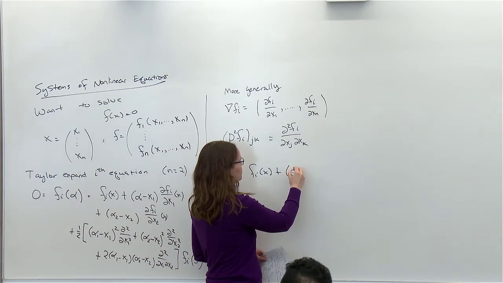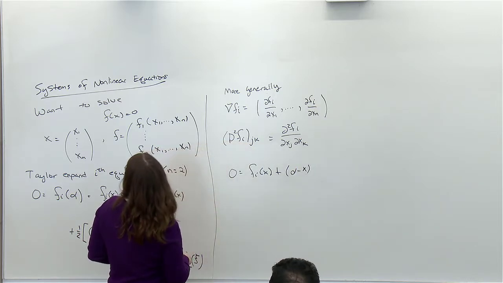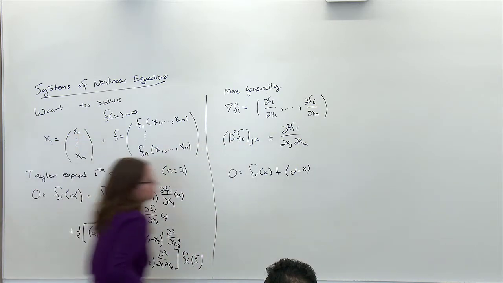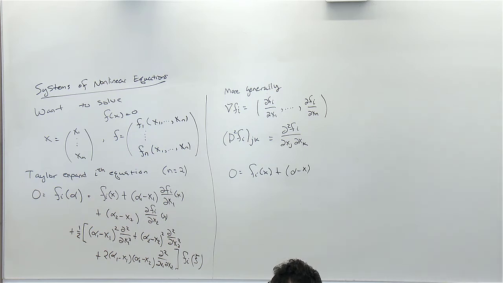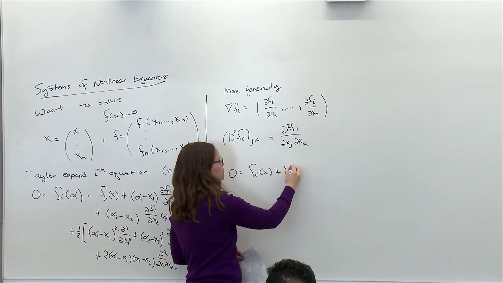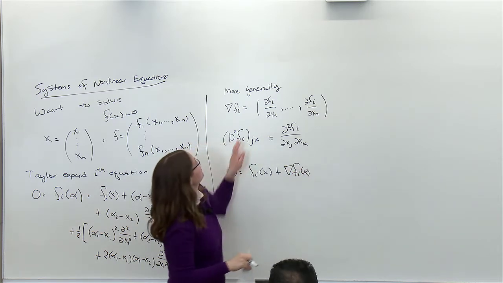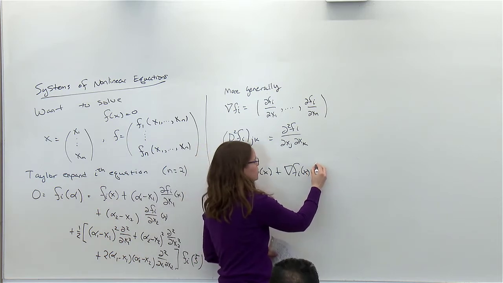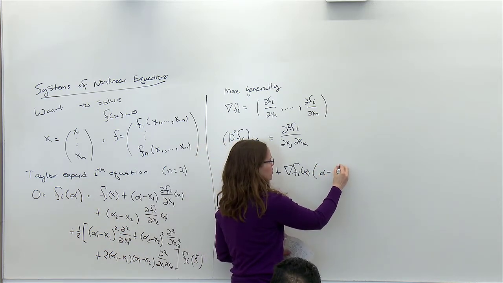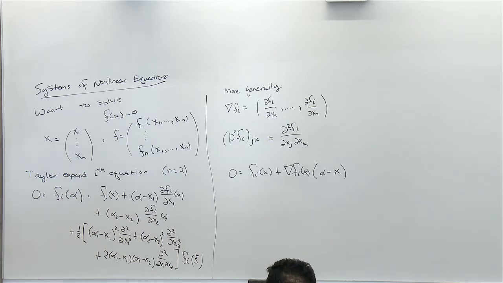Okay, so alpha minus x times, let me write this the other way because I've written alpha minus x as a column vector. So the gradient of fi of x, which I've written as a row vector, times alpha minus x, which is a column vector. So that's a dot product of those two vectors.